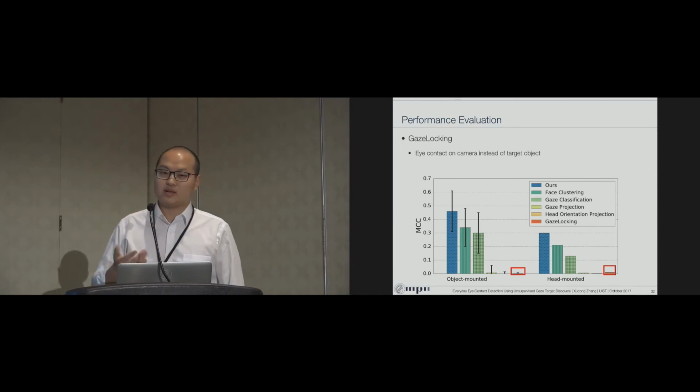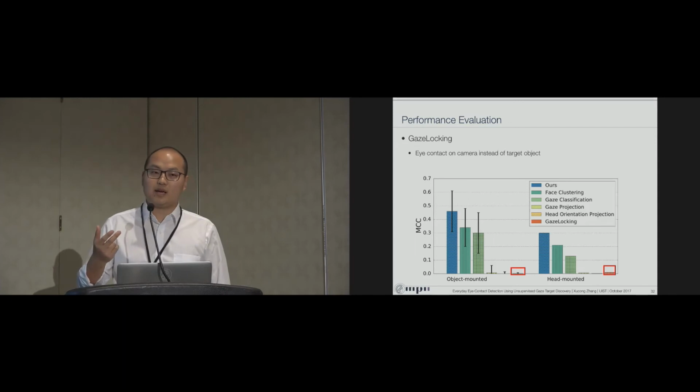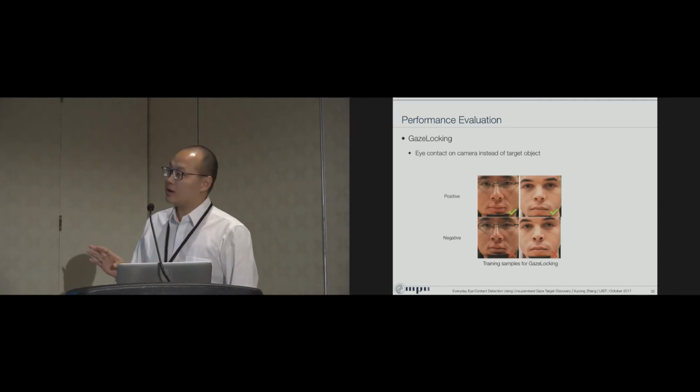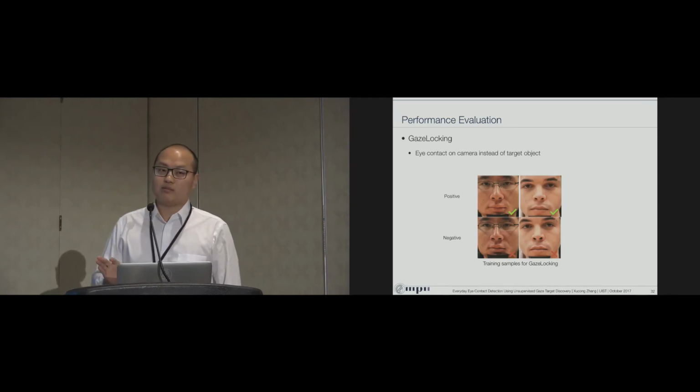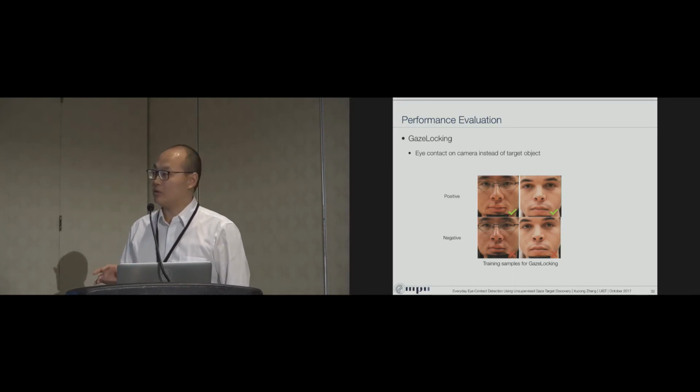It's not because this method is not good. It's just due to the fact that they have a different definition of eye contact. So here is an example from the training set of the gaze locking. The first row are the positive samples, and the second row are the negative samples.